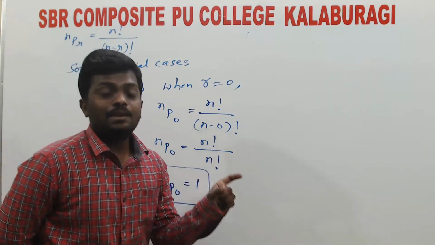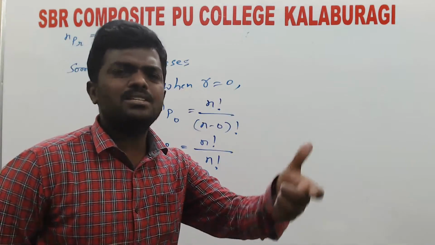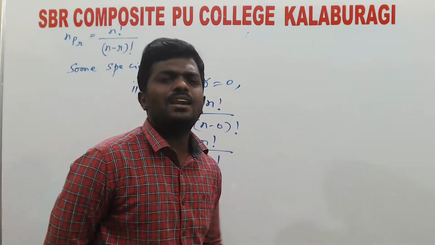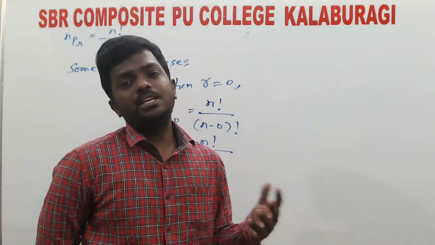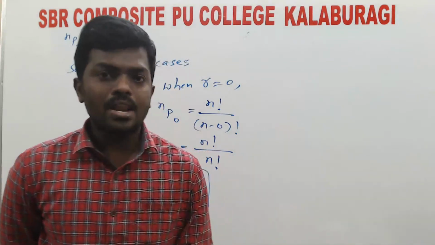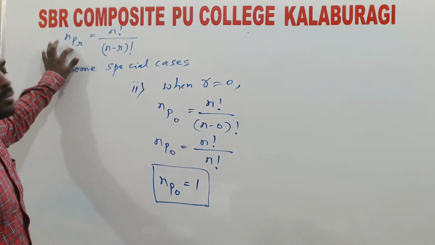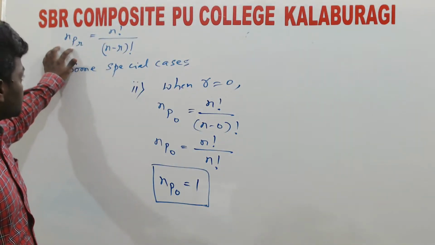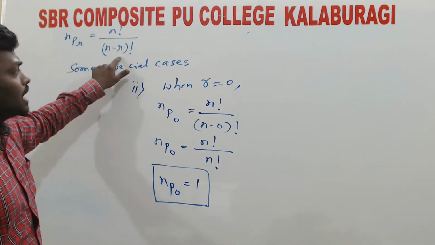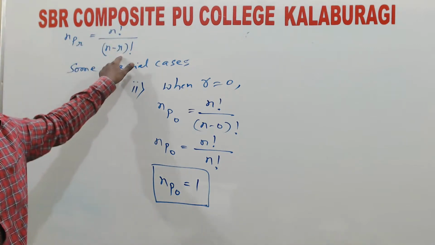Is that clear? Remember this, it will be easier for simplification and you can reduce your time. nPn is equal to n factorial, nP0 is equal to 1. And the formula for permutation when objects do not repeat is nPr equals n factorial by (n minus r) factorial.